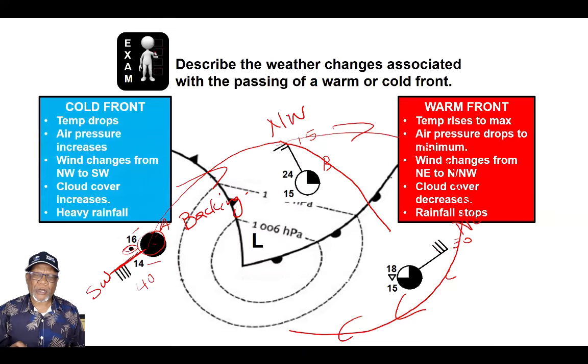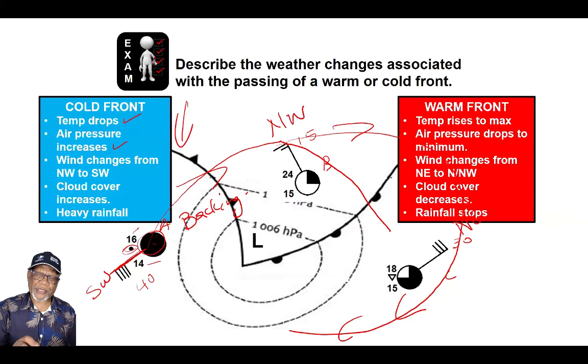Now, what happens when the cold front comes? Temperature will drop. When temperature drops, air pressure is going to increase. What makes the air pressure increase when the temperature drops is that cold air is heavy. Because it is heavier and denser, it is going to subside, and when it subsides, it creates higher pressure.